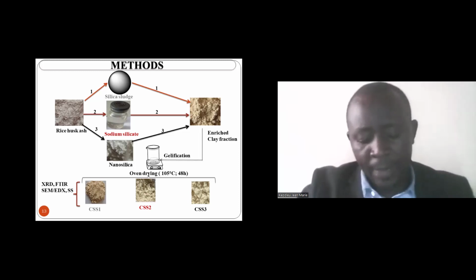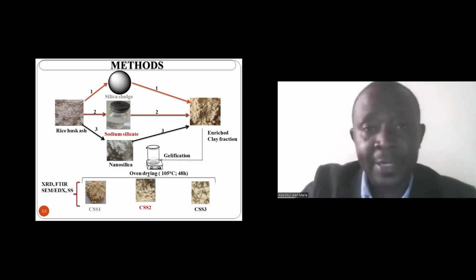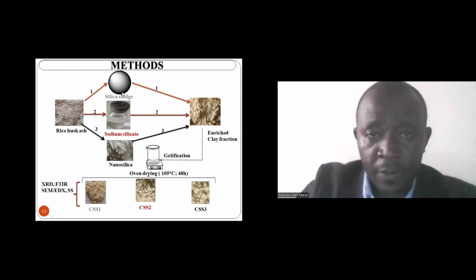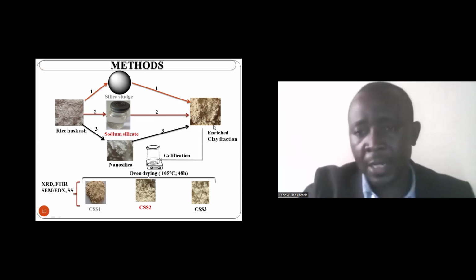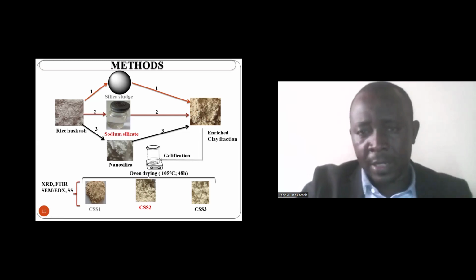So for the synthetic pathways, the local smectite clay was respectively mixed, for pathway 1, with the silica sludge, pathway 2 with the sodium silicate, pathway 3 with the nanosilica, and it was maintained in stirring to obtain gels.